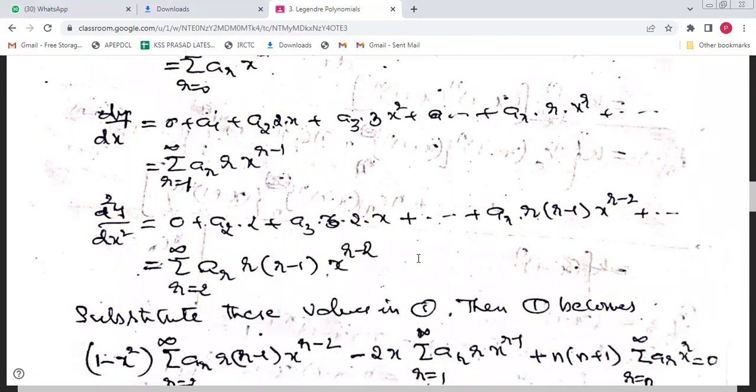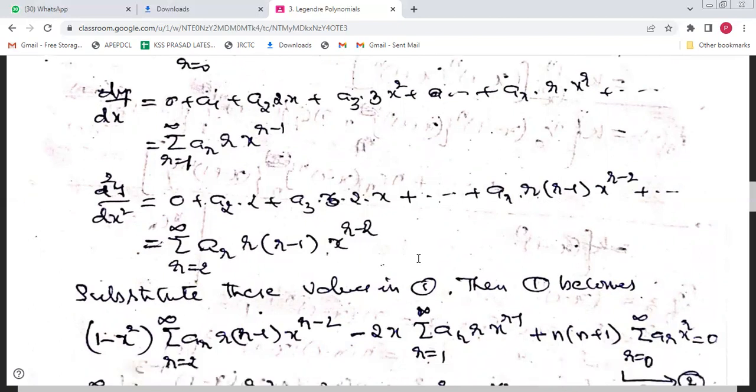Now substituting all these values in 1, that is in the given Legendre differential equation, we have 1 minus x square times the second derivative, summation ar into r into r minus 1 times x power r minus 2, minus 2x into summation ar into r times x power r minus 1, r running from 1 to infinity, plus n into n plus 1 into y.